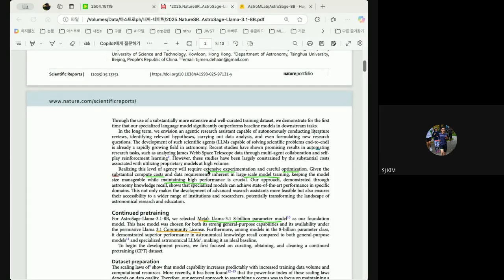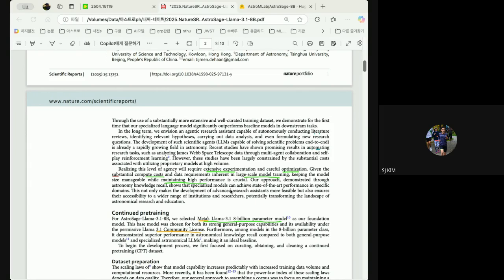The practical difficulty in reaching GPT-4 level is extensive experimentation and optimization. This requires large-scale model training, computer costs, and data requirements.